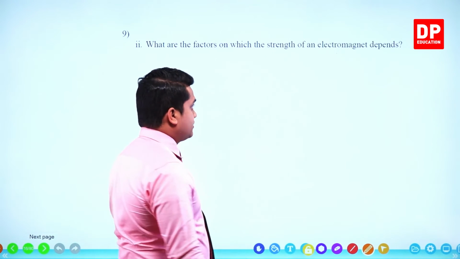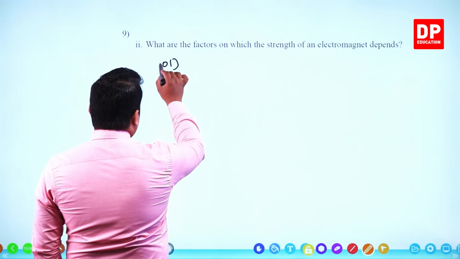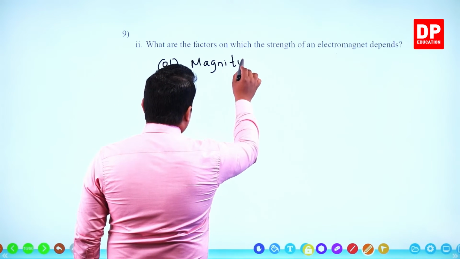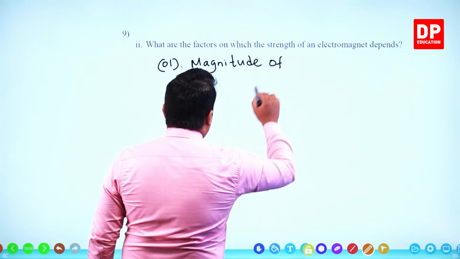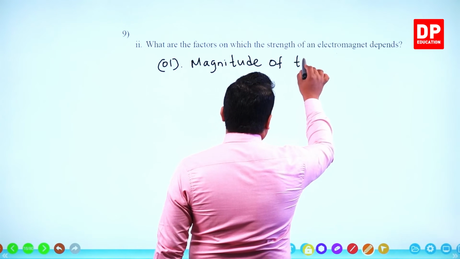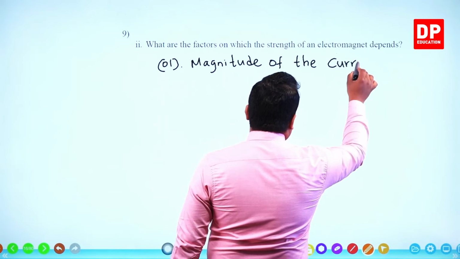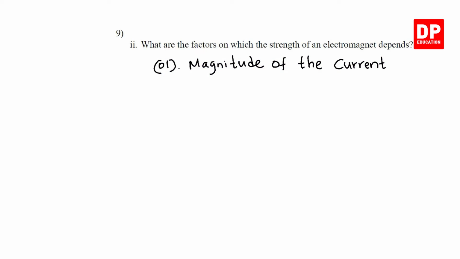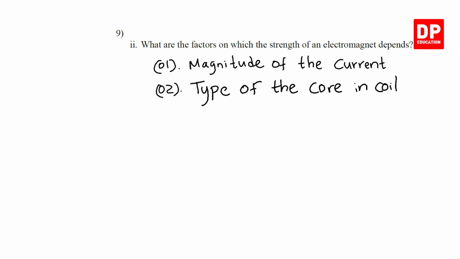So we can write down the answers. Number one, magnitude of the current, right? Magnitude of the current. Number two, type of the core in coil.